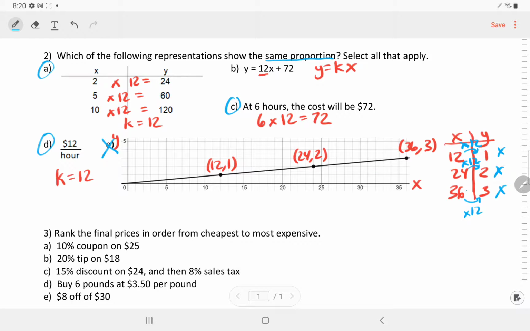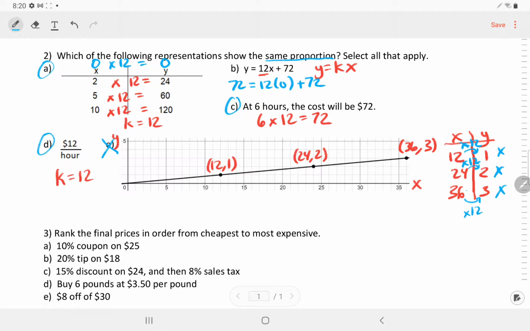B, we can see the constant of proportionality is 12. However, if we do 0 on the x and you multiply that by 12, we should get 0. And if we plug in 0 for x here and multiply by 12 and add 72, we do not get 0.